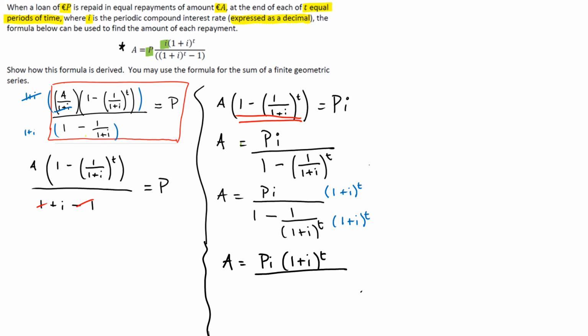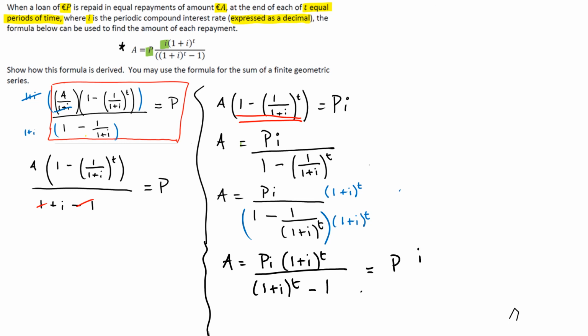And here we have 1 times, so this whole bottom line is going to be multiplied by 1 plus i to the power of t, which gives us 1 times 1 plus i to the power of t, and when I multiply the fraction by it, the fraction effectively disappears. And we now have exactly what they wanted us to have.